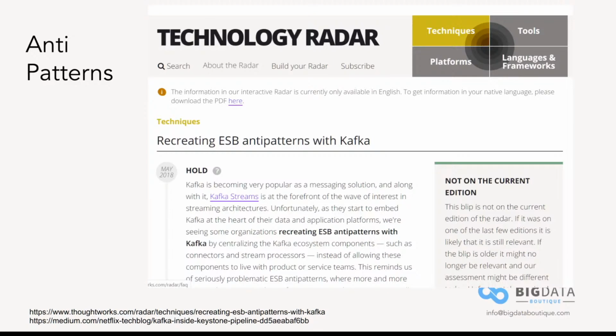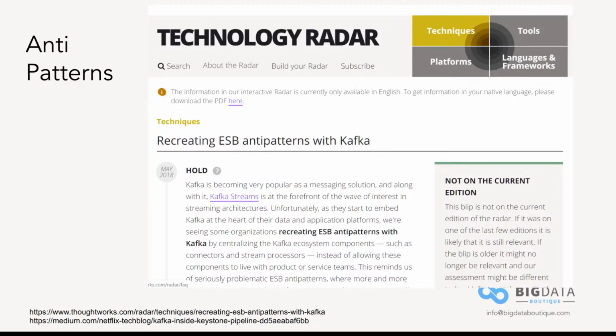If you build a lot of layers on top of it, you're going to build something quite complex in the end, maybe easy to use, but really hard to maintain. So you need to be aware of that, and don't try to use the same layer over layer architecture with Kafka.